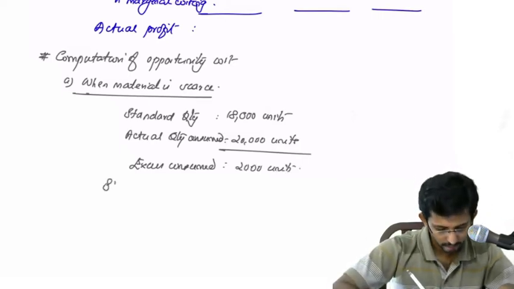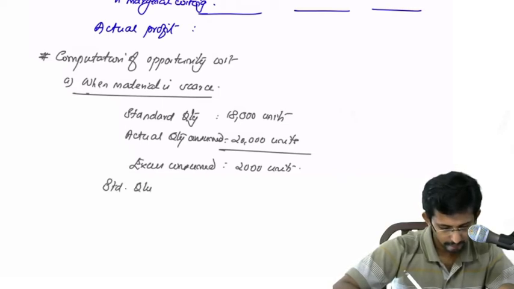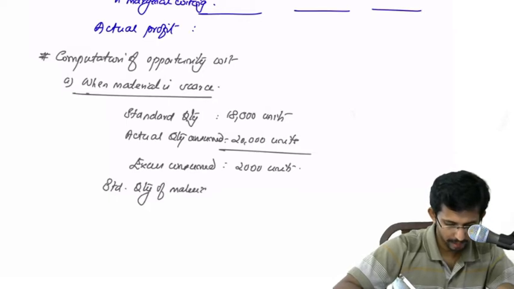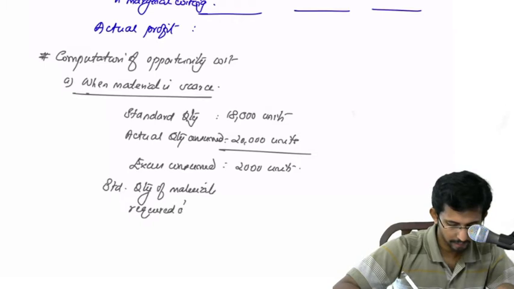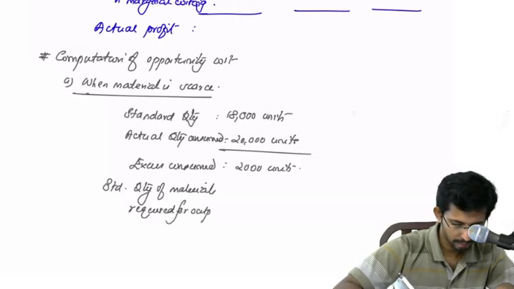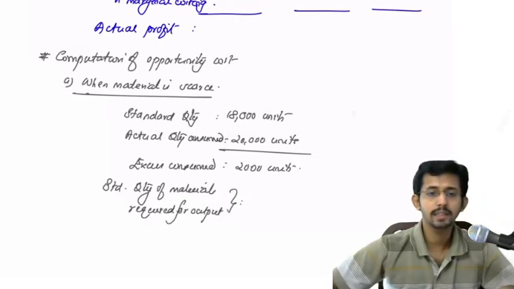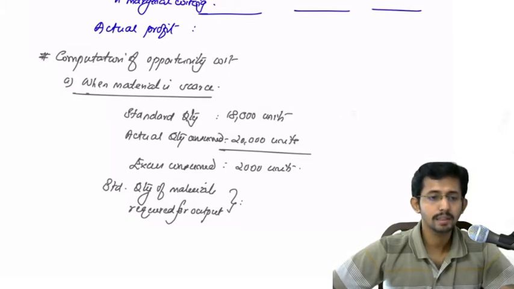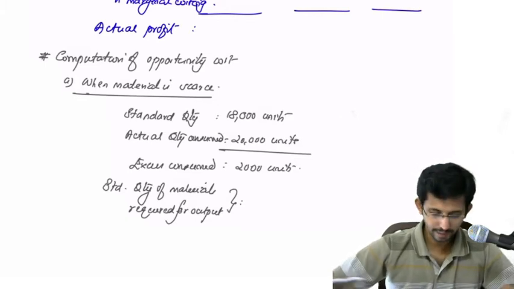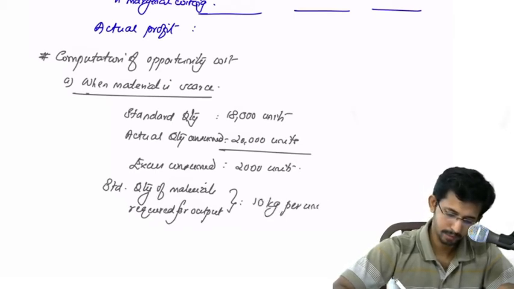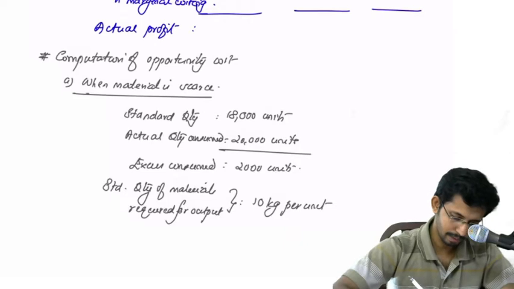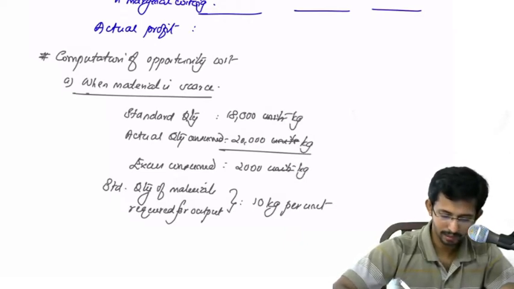Okay, now standard quantity of materials required for output. For producing one output, how much standard quantity is required? The information was how much? 10 kg. 10 kg per unit. This also I can make it kg.